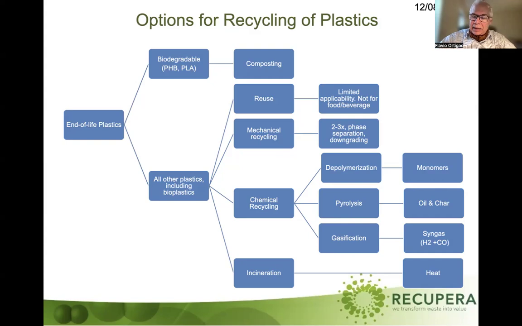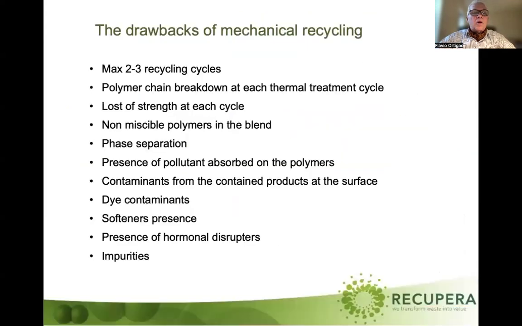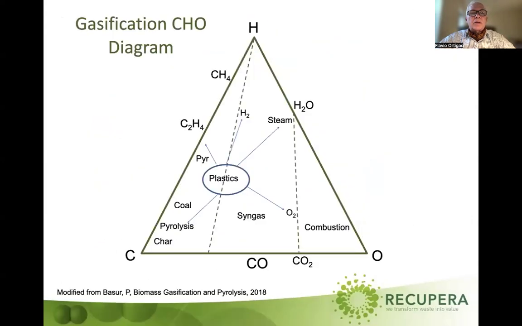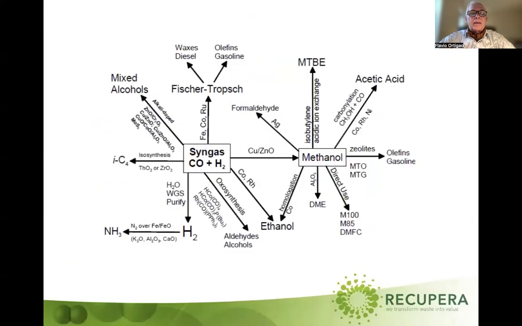Why is syngas important at all? Let me go here to show you this picture of what you can do with syngas. In fact, out of syngas, you can do everything. Syngas is a commodity in the chemical industry for the production of methanol.